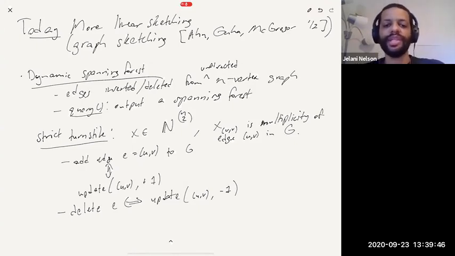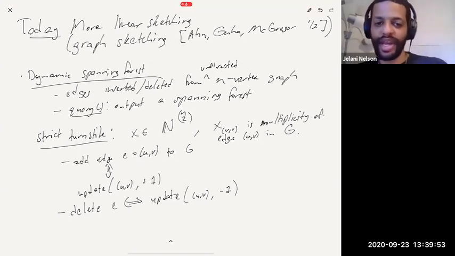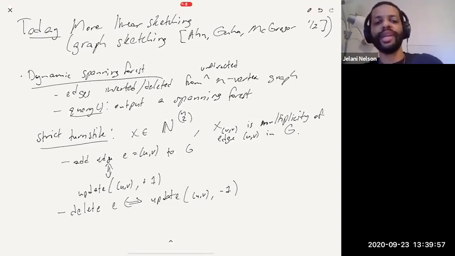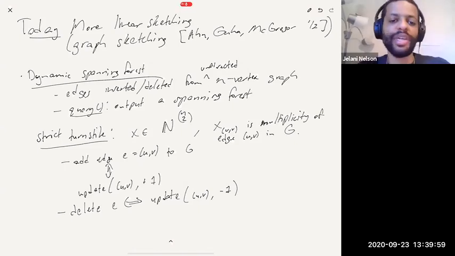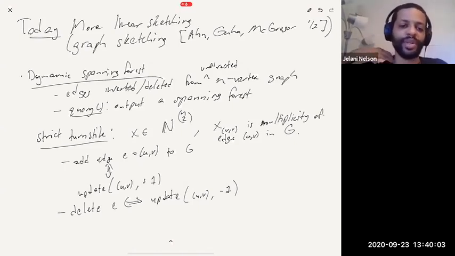If it connects two vertices in the same connected component, then you can safely ignore the edge, because since there are no deletions, you know that since these vertices are already in the same component, they will always be in the same component from now on. So this edge is safe to ignore.